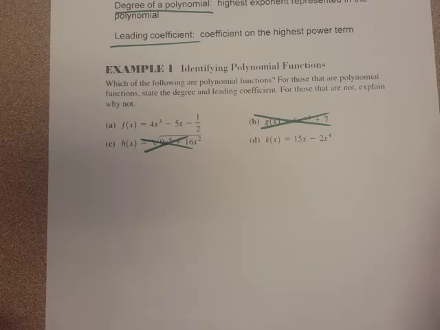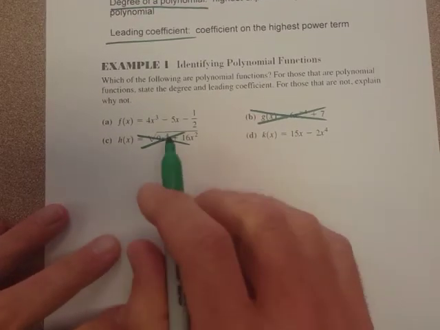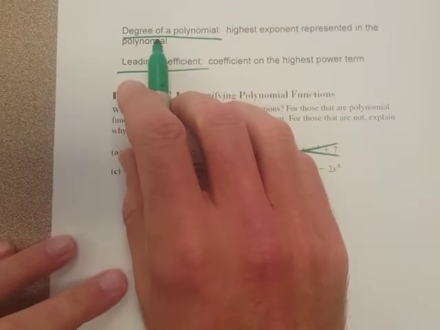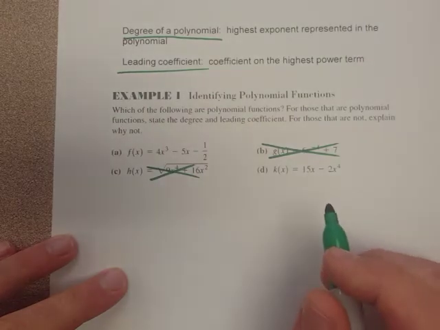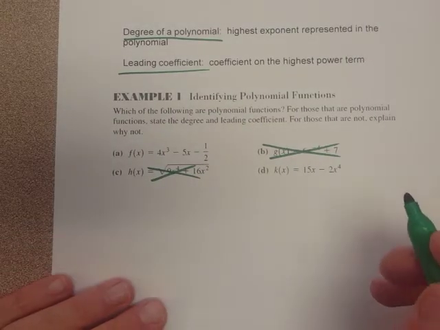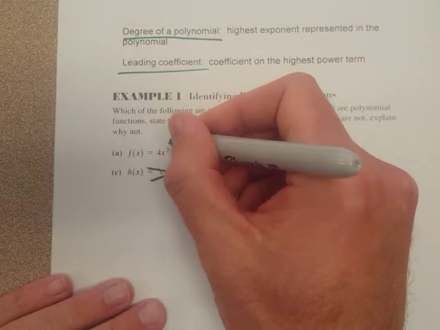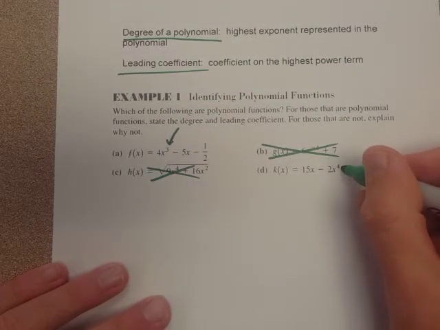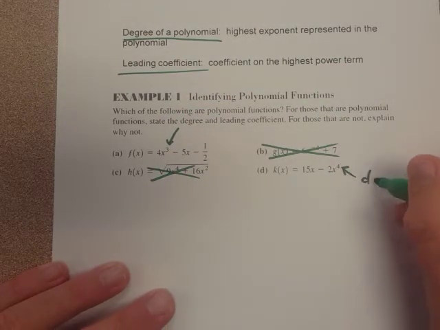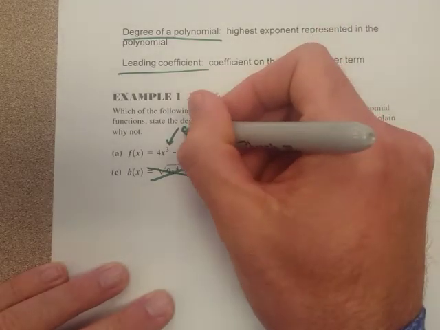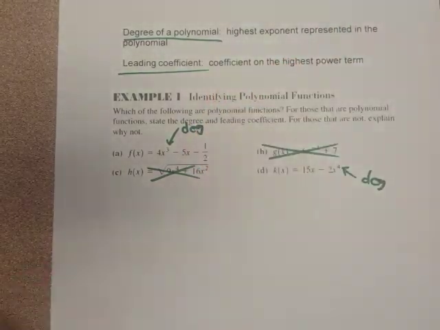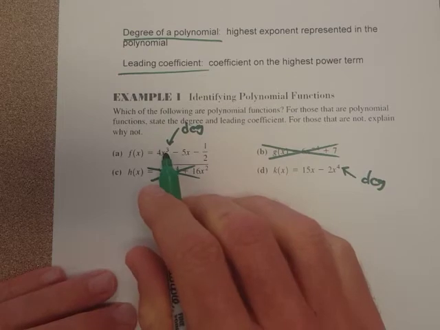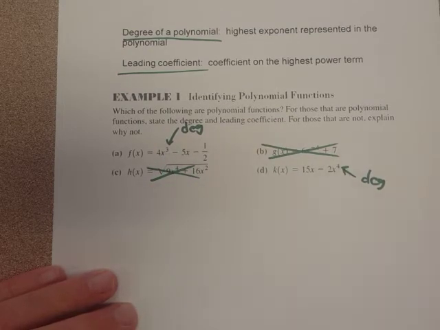And so if they are polynomials, if there's nothing from that list that gets violated here, then what we're going to do is find out the degree as well as the leading coefficient. Now, the degree for each one of these is just simply the largest exponent. So that's 3 in this case, and that's 4 in this case. This is the degree. So the degree is degree 3 polynomial, degree 4 polynomial.